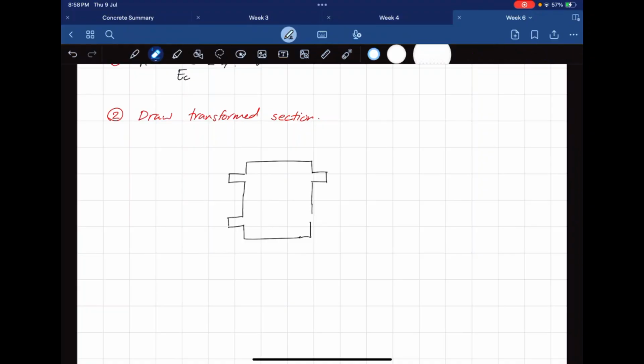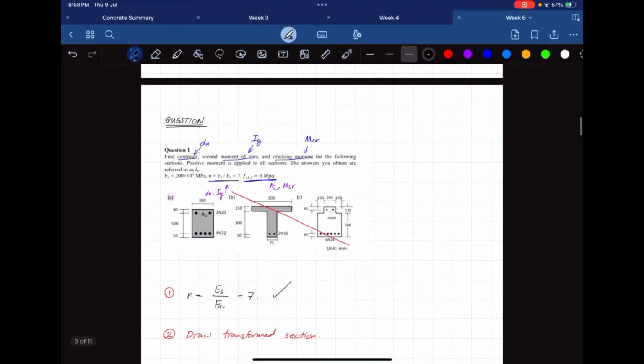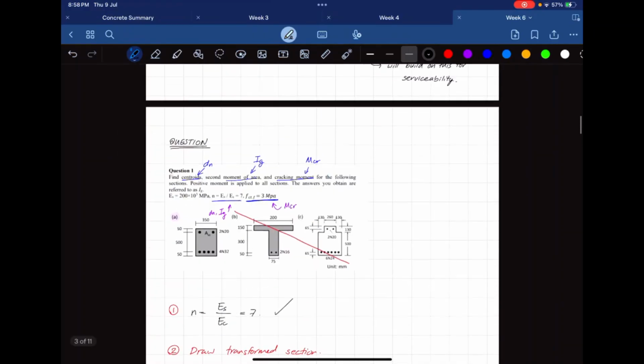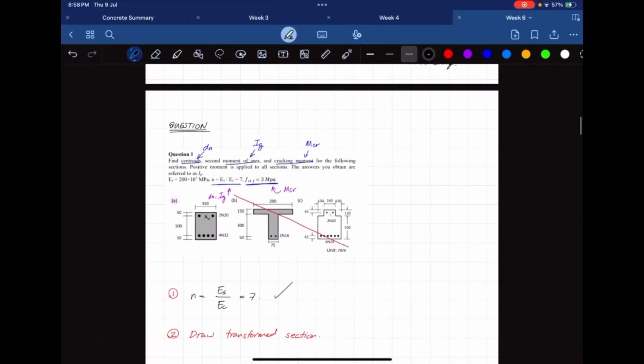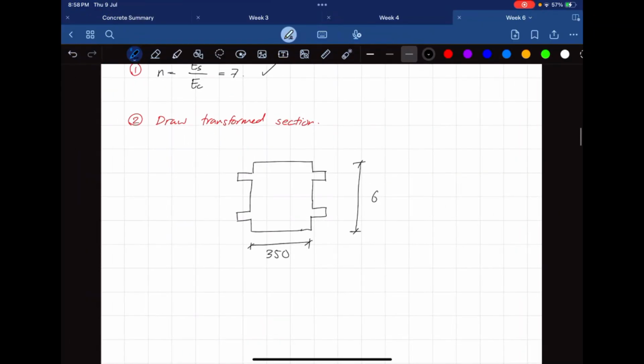Okay, that's really janky, but it'll work. We've got our b value, which doesn't change. It's going to be 350. Our D value is not going to change either. That's going to be 500 plus 50 plus 50, 600.